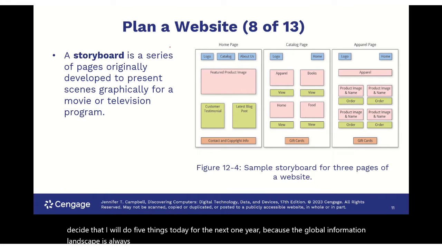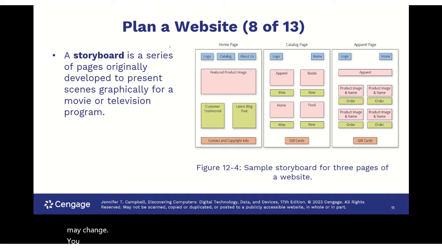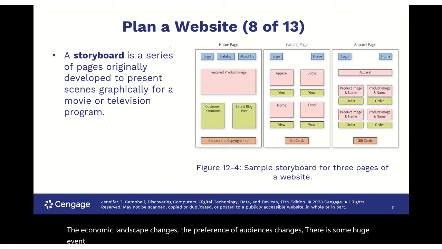Preferences in the organizations may change. The economic landscape changes, the preference of audiences changes. There is some huge event in between the year and your perspective completely changes. So all this is possible.